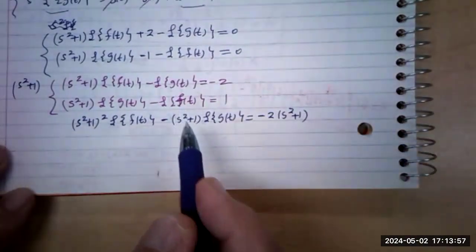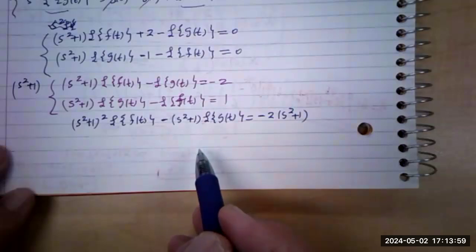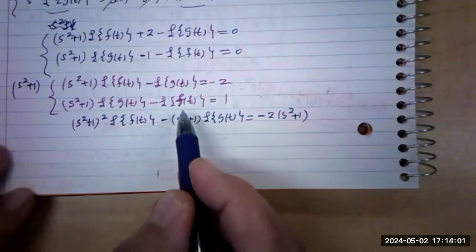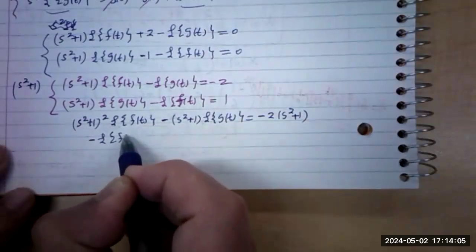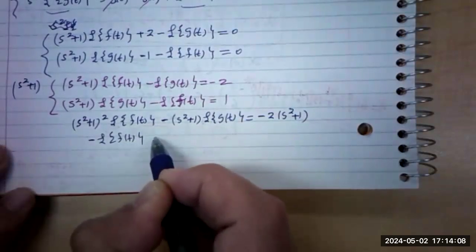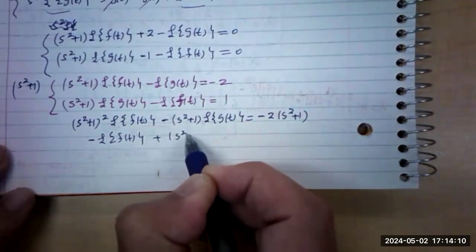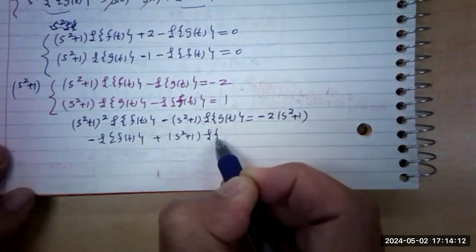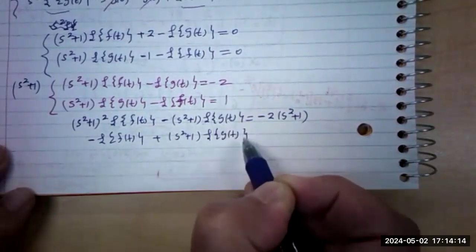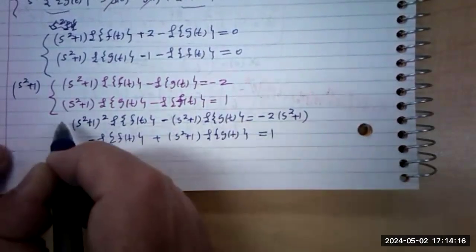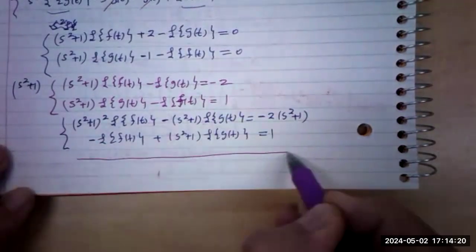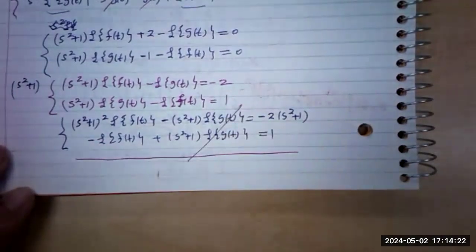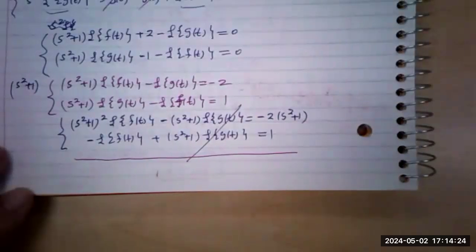And the second one, I rewrite it in this form: negative Laplace of f of t, now I have plus s squared plus 1 Laplace of g of t, equal to 1. Now that gives you the chance to simplify: Laplace of g of t will disappear.